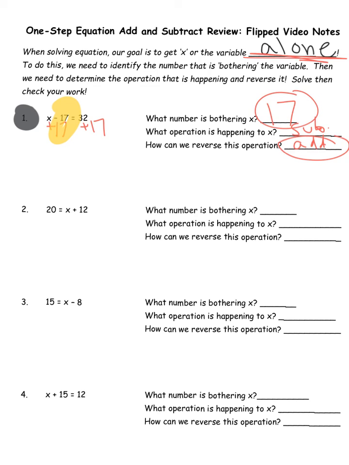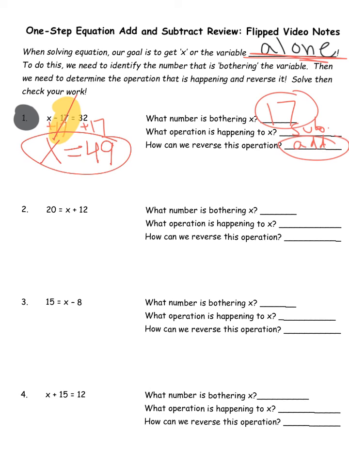If I take $17 away and then I put it back, that has canceled out. So we can slash that out, and I want you to do this as well, because the minus 17 plus 17 canceled. And then I'm left with x equals 32 plus 17, which is 49.